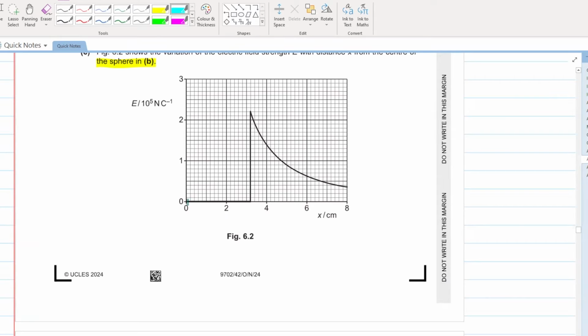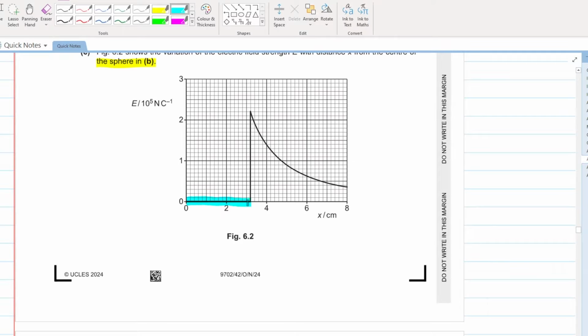The radius is the point till where the electric field strength remains zero. Till where is the electric field strength remaining zero? This point is equal to 3.2 centimeter. Your radius becomes 3.2 centimeter. Simple. Nothing complicated here.